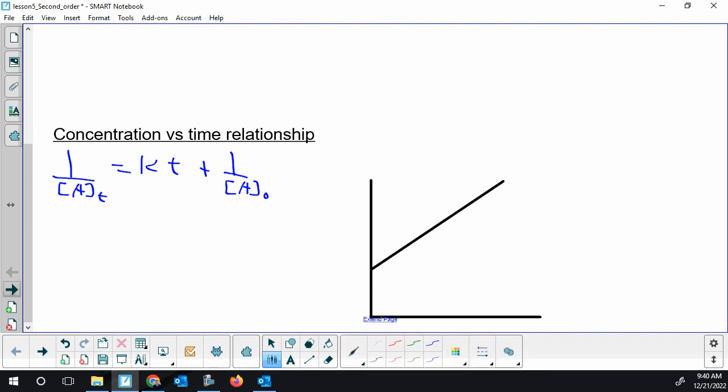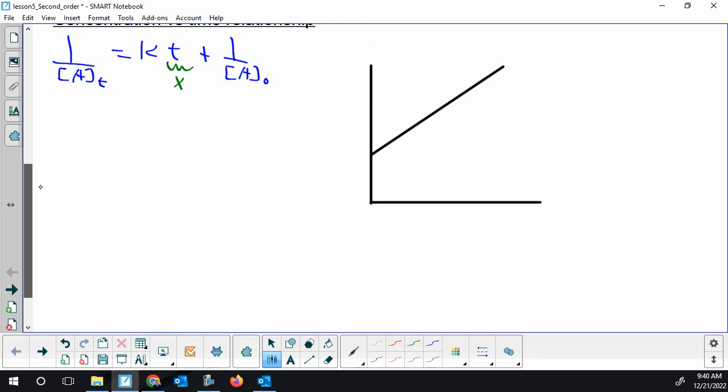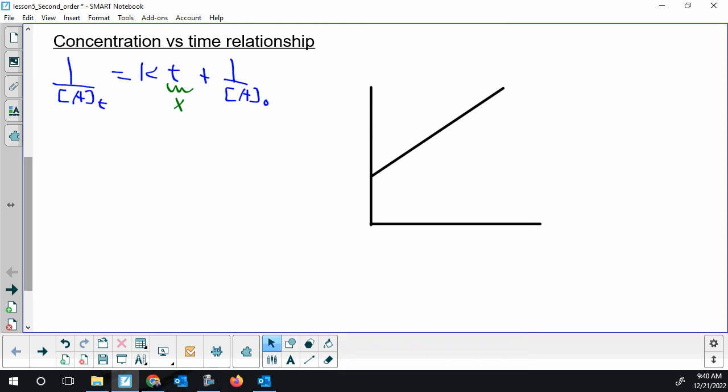This is already in a y equals mx plus b form. So time is going to be our x variable. So I'll label things as I label them on the equation. Our slope, which is what's multiplied by our manipulated variable, is going to be just k.